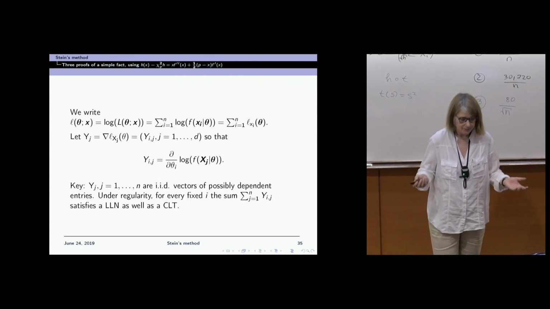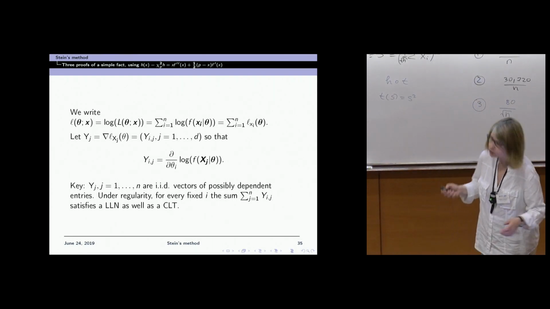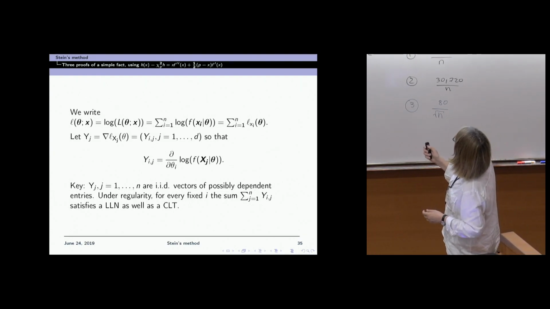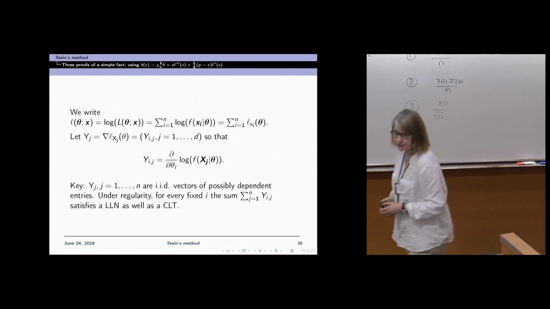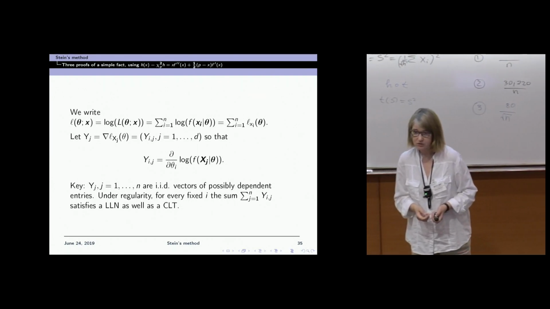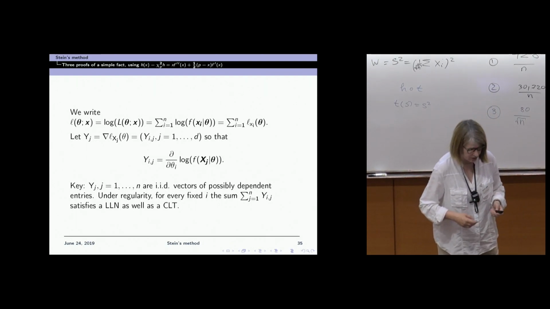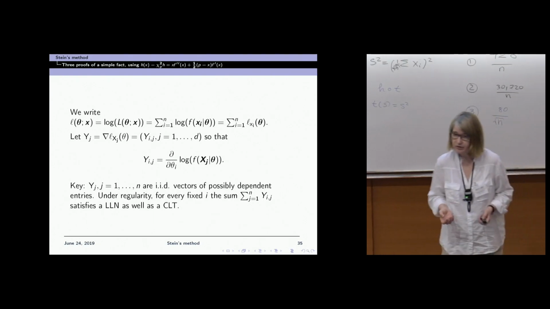So morally, the key argument for the log likelihood ratio relies on these, and if x is random, then these are sums of independent random variables, or in our case, locally dependent random variables. So we've got a law of large numbers, we've got a central limit theorem for this sum.